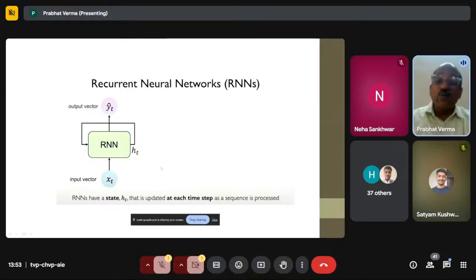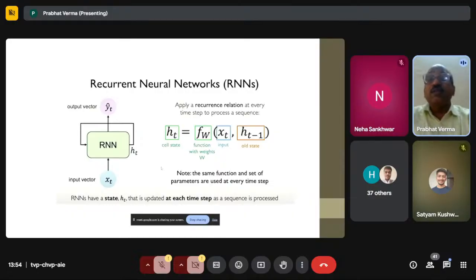This way we update ht in each time step. This is the recurrence relationship. The new cell state or hidden state ht equals a function of weights W applied to xt, the current input vector, and the old state ht minus 1.